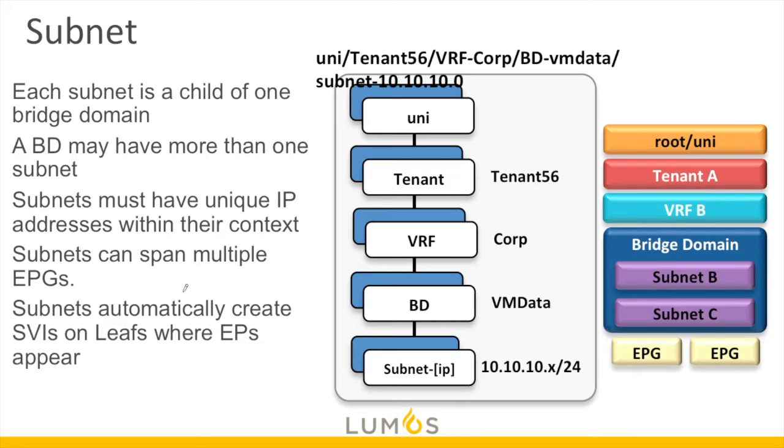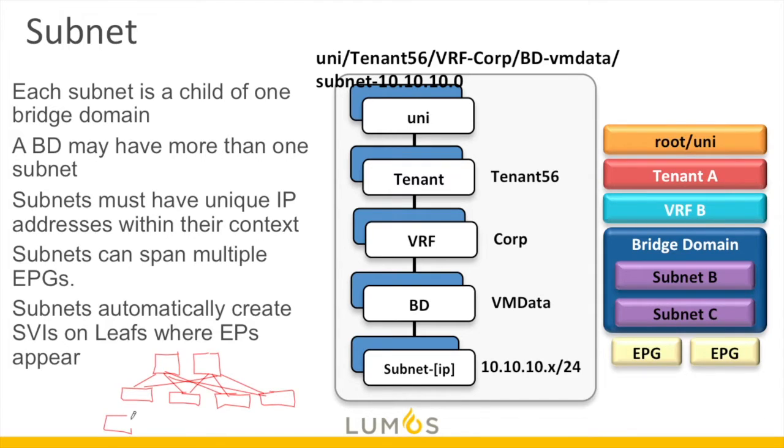So if I have, for example here, let's just draw a really quick and dirty ACI fabric. Right, two spines and two leaves.